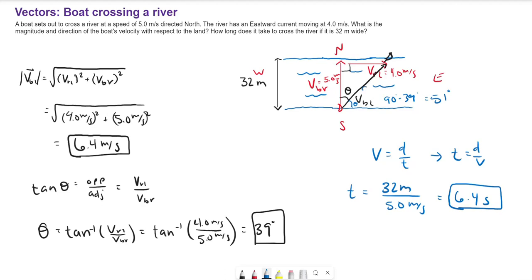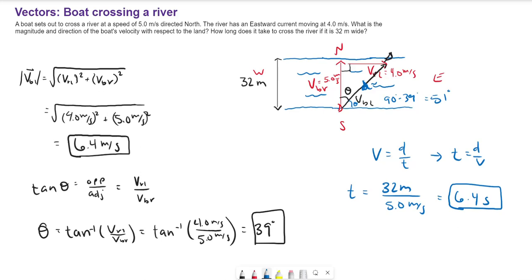So this distance here, we'll say D2. If you were to know that distance, you would divide that by 6.4 meters per second. However, we're given the width of the river, so we're just going with that vertical component of velocity.